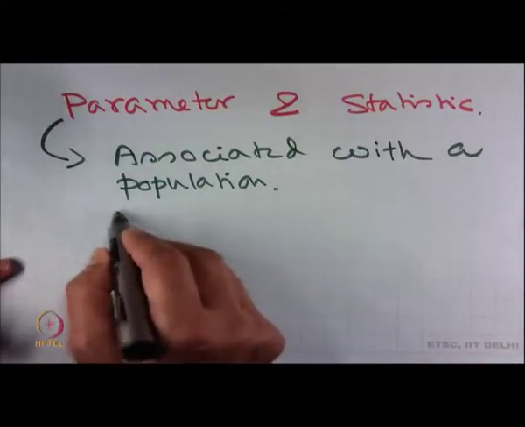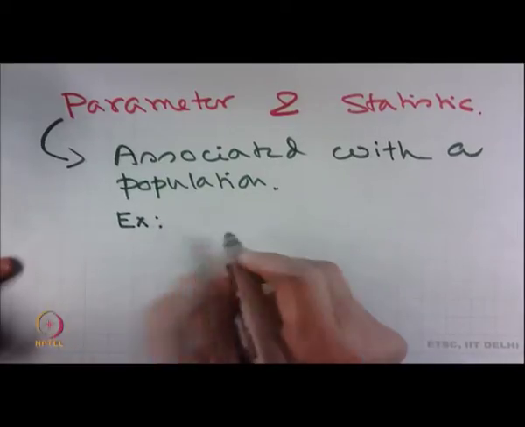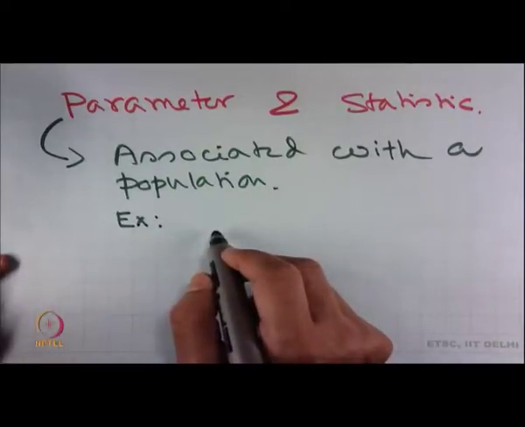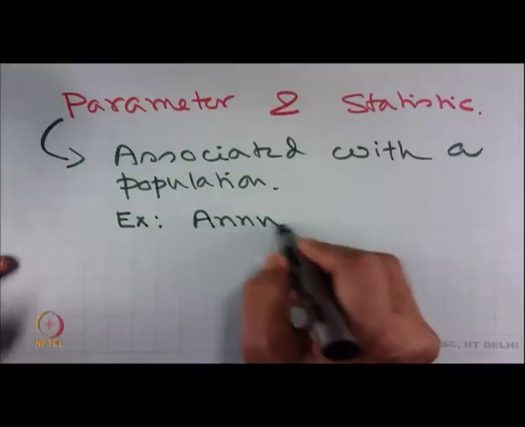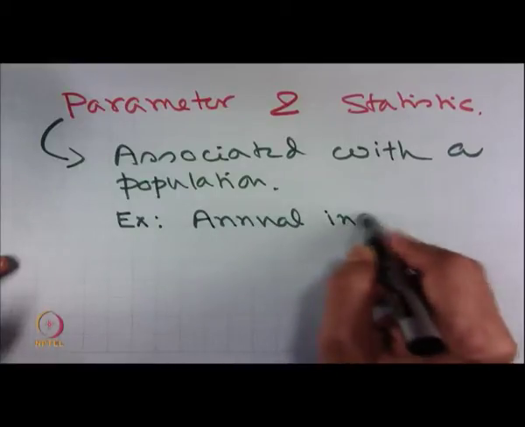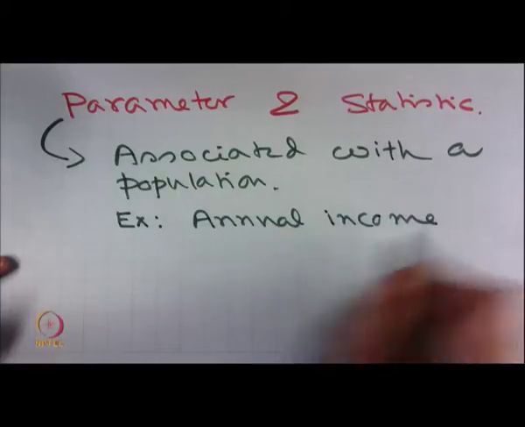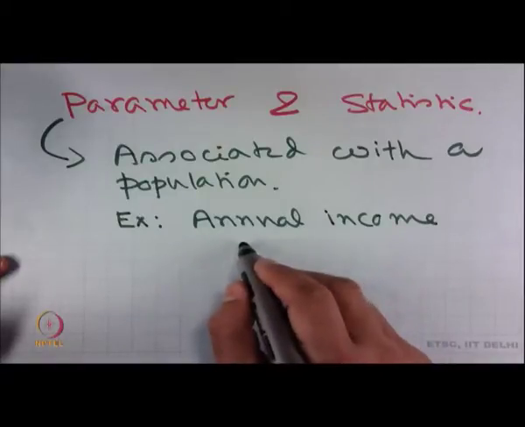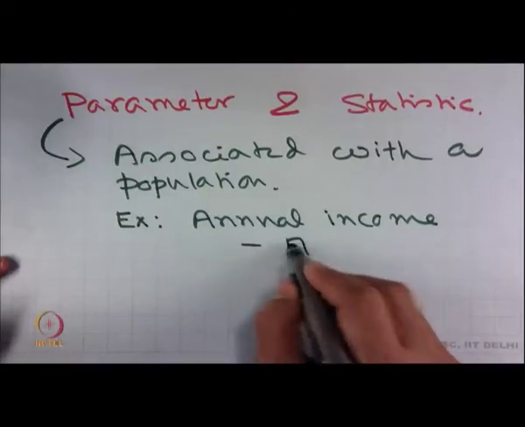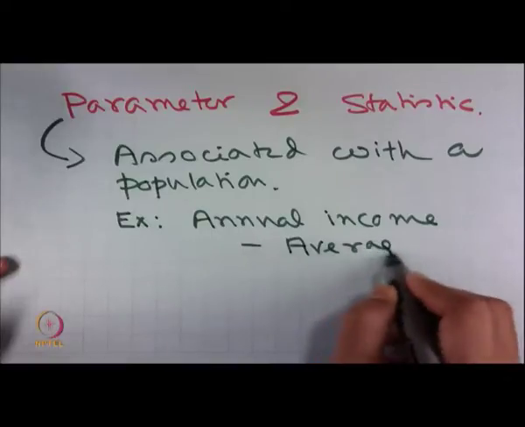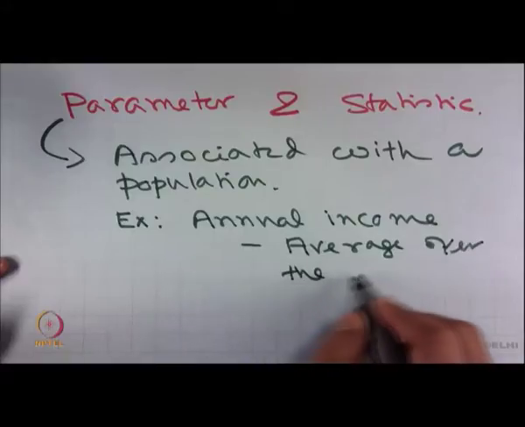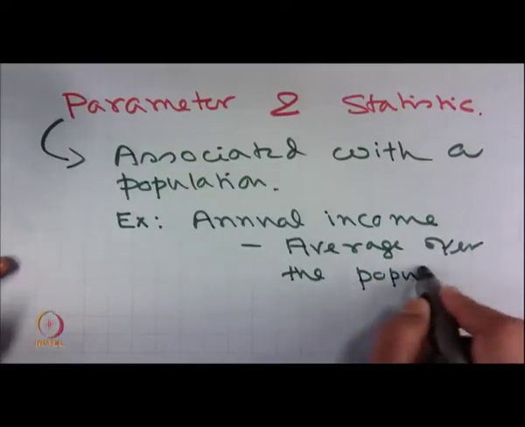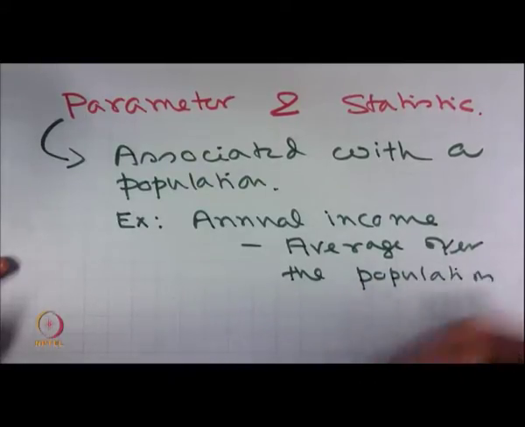For example, if you are considering the annual income, then its average over the population is one parameter.